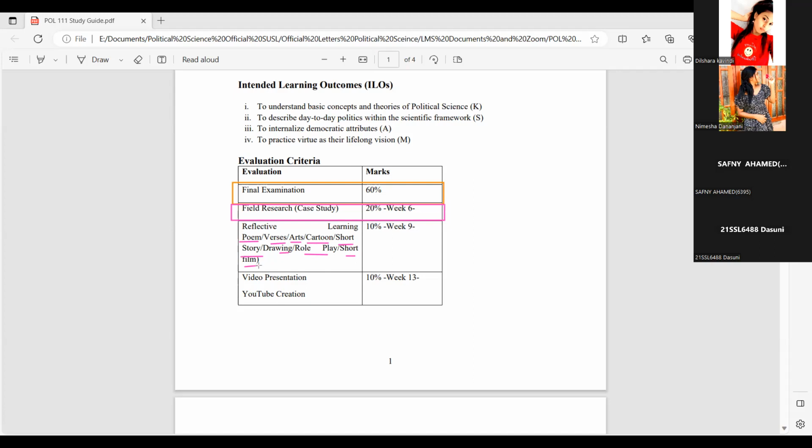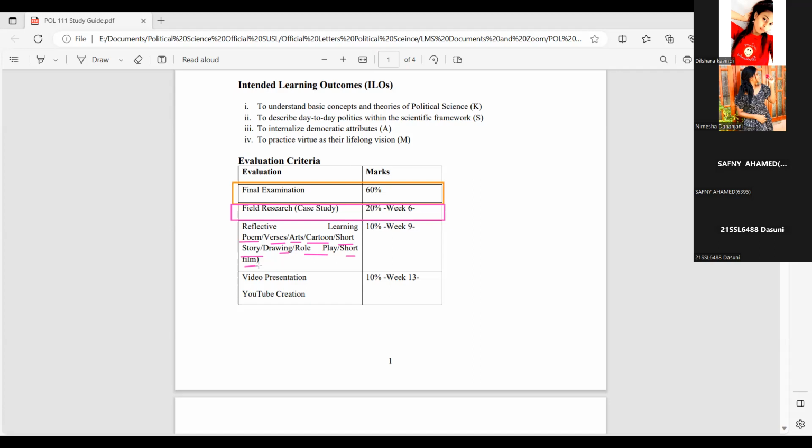So, Dilhara, Kavindi? I'm interested in short film and short story. Yeah. What is the most preferred one, short film or short story? Short film. Good, good, excellent. Safni Mohammed from Akurana, am I correct?